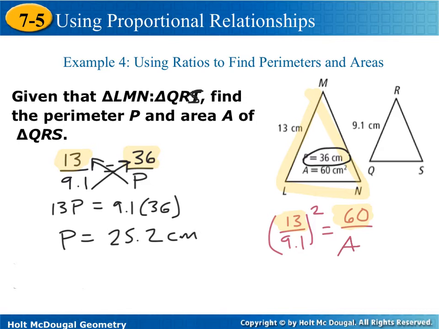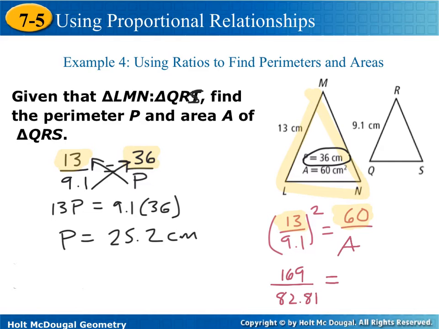So when squaring 13 over 9.1, we have to square both the top and the bottom. So 13 squared is 169. And what's 9.1 squared? 82.81.